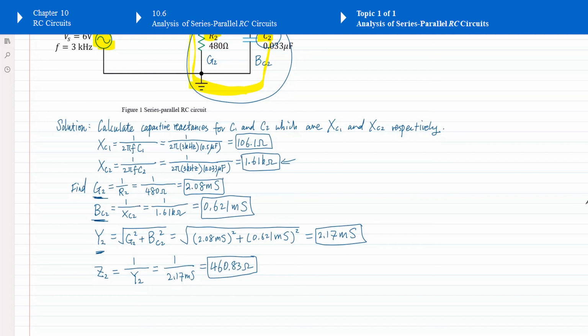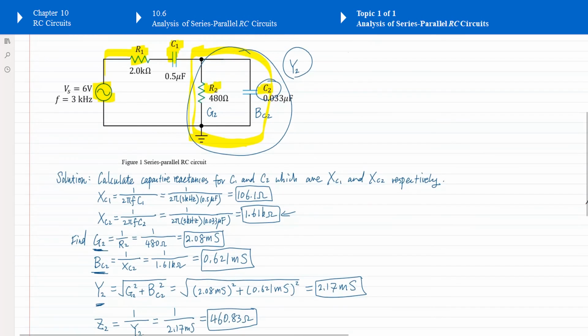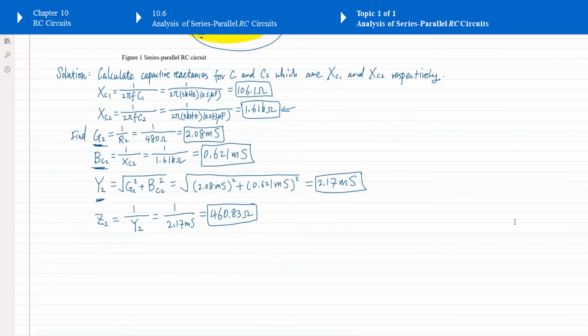So now I have the impedance, but this is the impedance in this branch. We need to find the total impedance and also the phase angle. Before finding the total impedance, let's find one more thing: the phase angle for that branch.